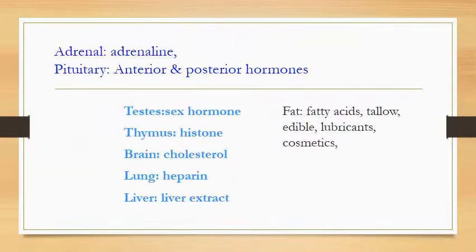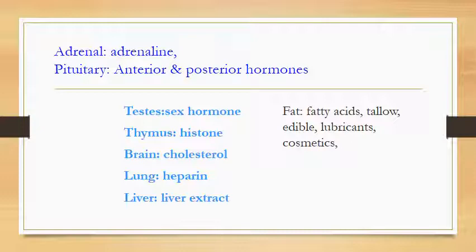Then from the adrenal gland we can make adrenaline. From the pituitary, either anterior or posterior pituitary hormones can be prepared, or crude pituitary extract. Then other glands: from the testis, the sex hormone; from the thymus, the histone; from the brain, cholesterol; from the lung, heparin; from the liver, liver extract.